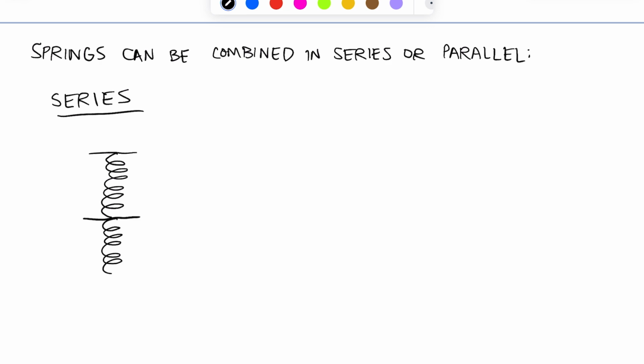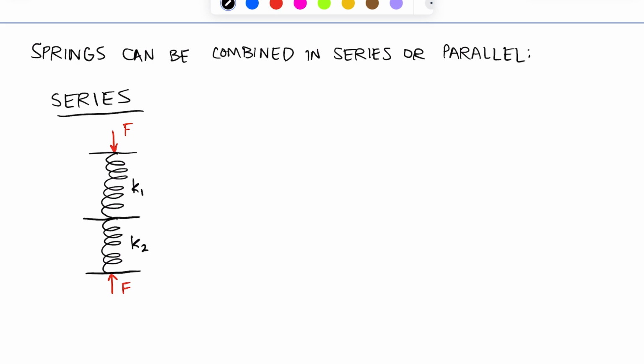These are compression springs. So I provide a force on either side that is compressing these two springs. They have constants K1 and K2. Now, when these springs are combined in series, the same force is passing through both of these springs.